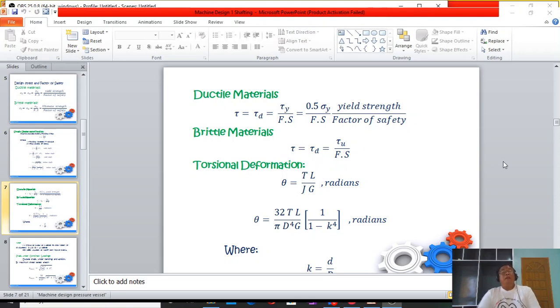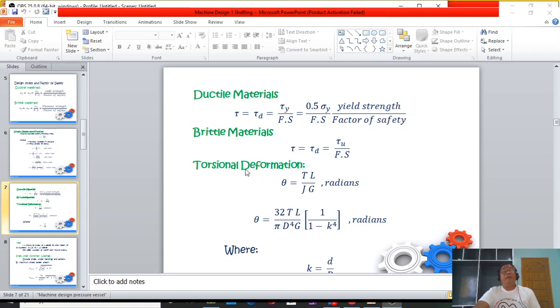Again, class, for torsional deformation. Of course, if the torsional limit is reached, or the actual value of the torsional deflection is greater than the torsional deflection limit, the shaft will fail.